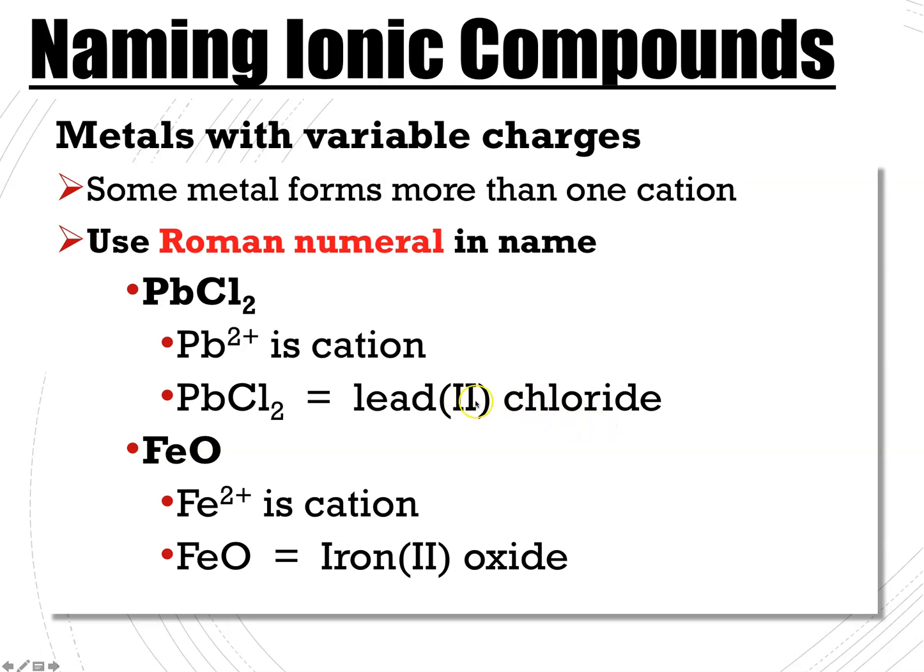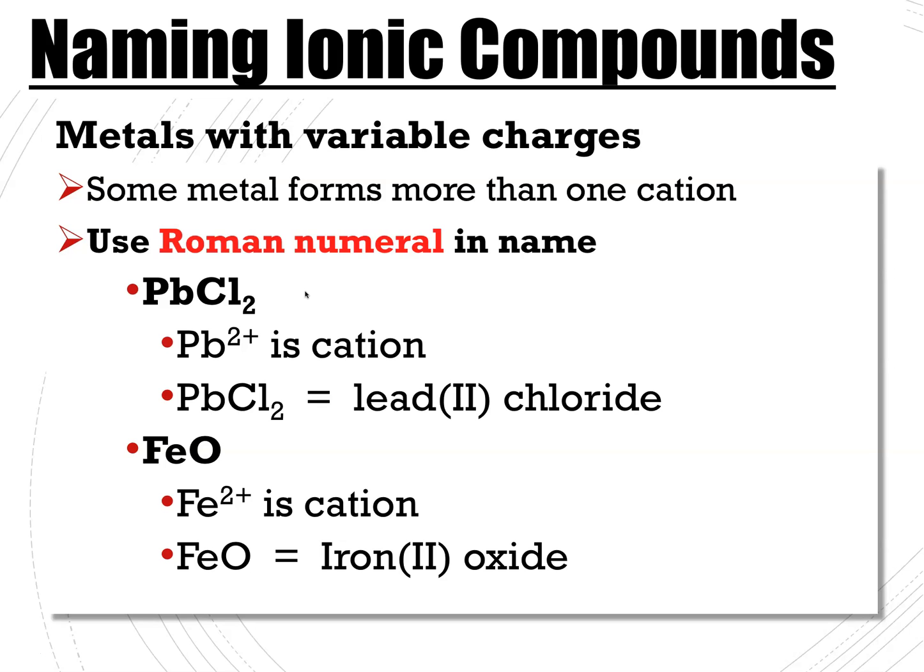Now, how do I know it's a 2? Because lead could also be a 4. Well, chlorine is in column 7, which means it's a 1- charge. From that perspective, if it's 1- and I have 2 chlorines, therefore it adds up to a 2-.